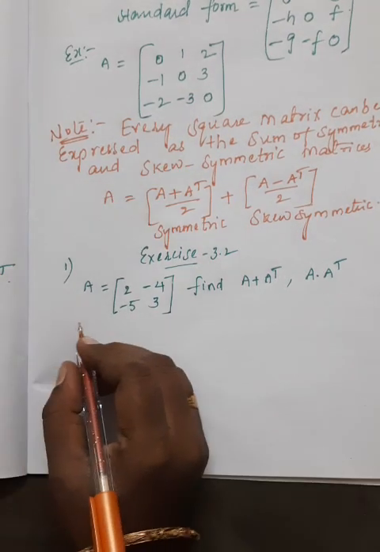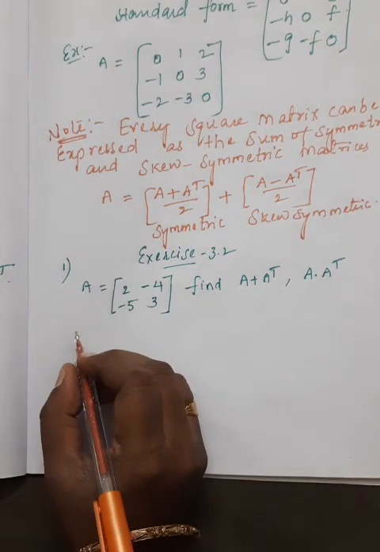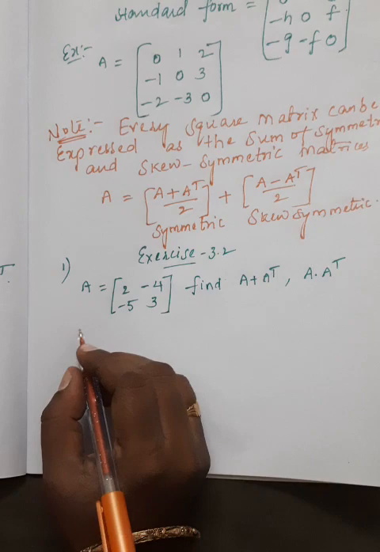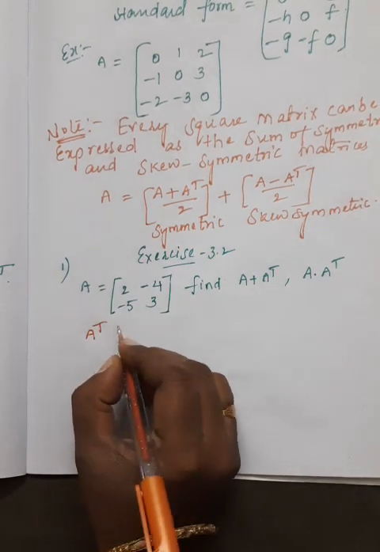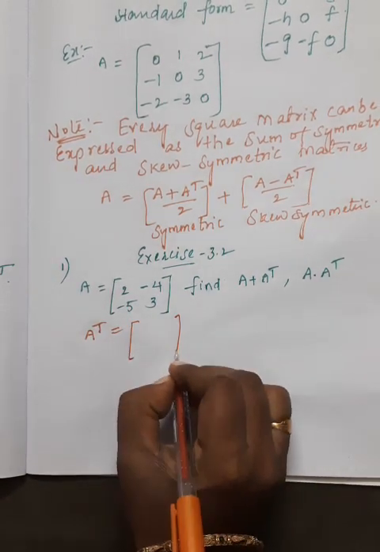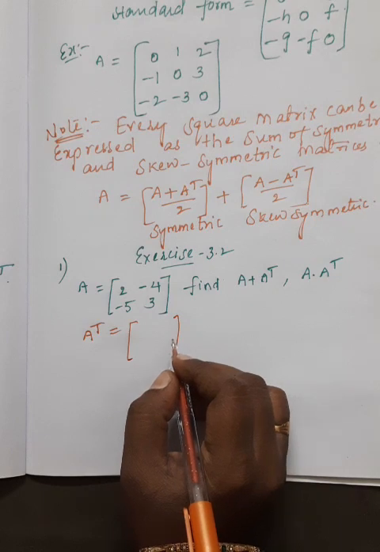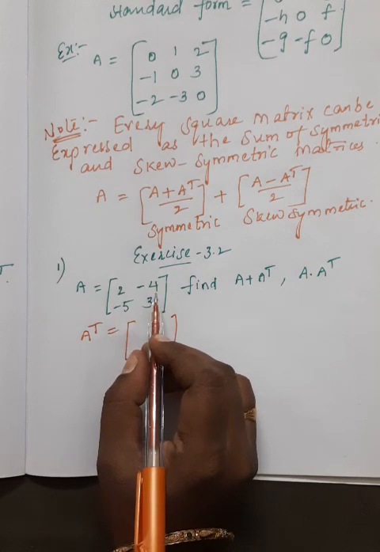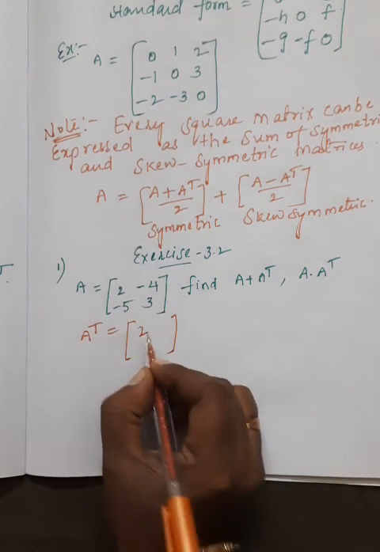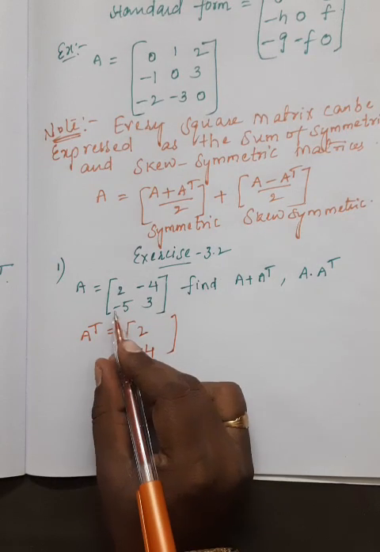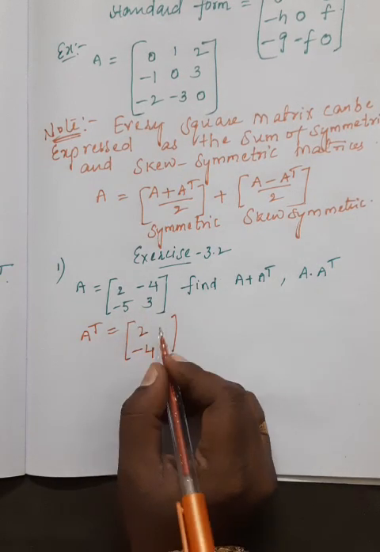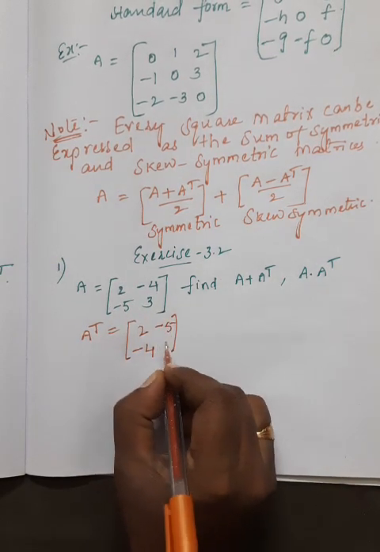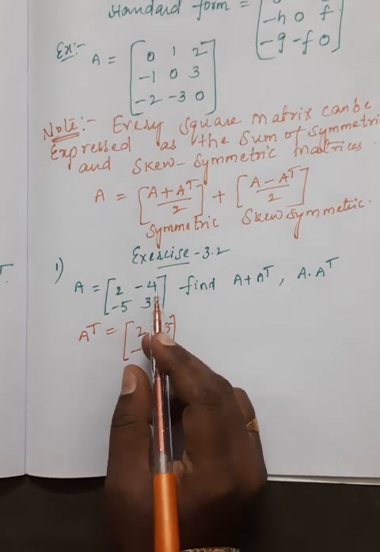First of all let us find A transpose, or transpose of matrix A. Simply the transpose of a matrix will be obtained by interchanging rows and columns. So 2 and minus 4 is in the row, so we should write it in a column. Minus 5, 3 is in a row, then we should write it in a column. So this is the transpose of matrix A.